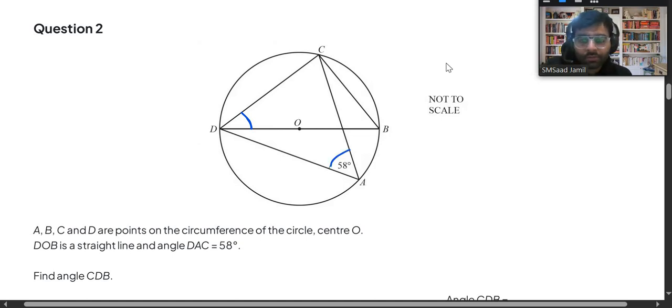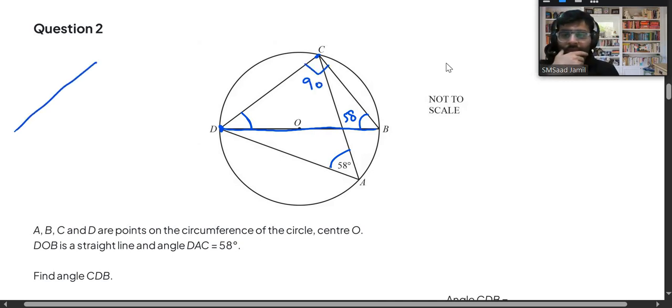If you look, if this is 58, this side is also 58. Why? Because angles in the same segment, both are coming from DC. This angle and that angle, both are coming from DC. Secondly, if you look, this is the diameter, and whenever there is this diameter, the angle at the circumference is 90 degrees.